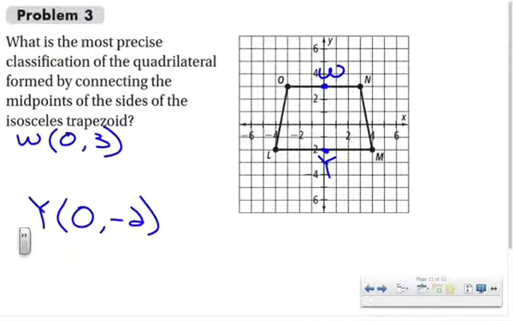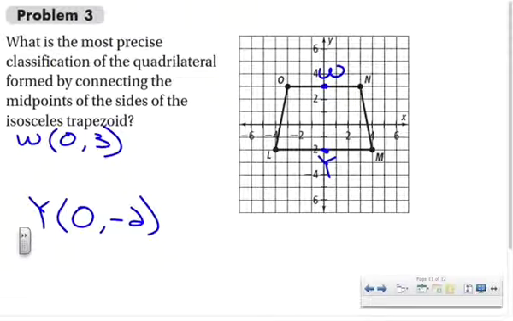But X and Z require a little bit more math in order to find. You can use the midpoint formula. Remember, that's the average of the x's and the average of the y's. Or, since it's on a grid, you can kind of visualize where halfway is.